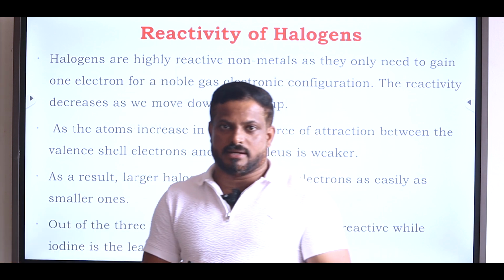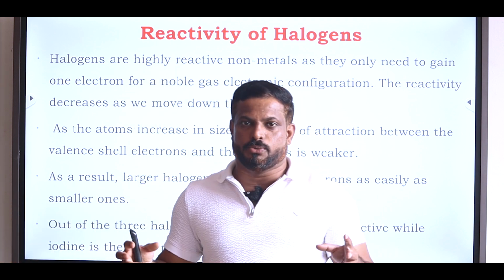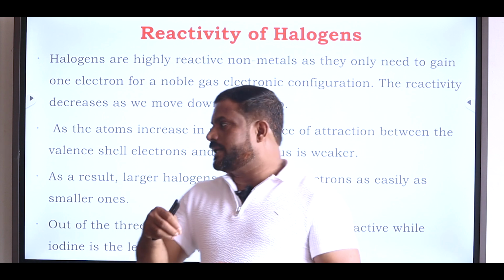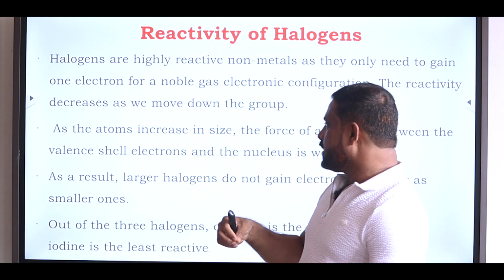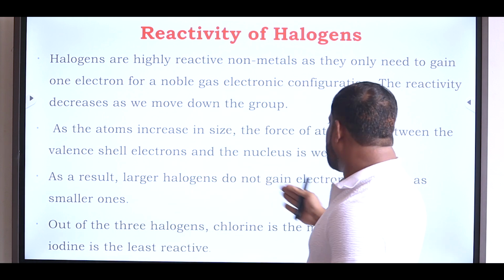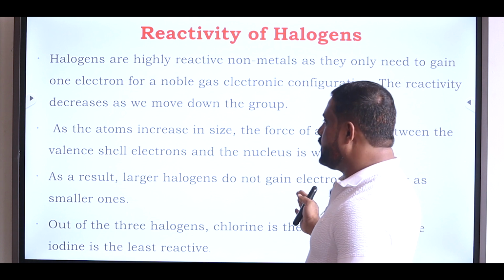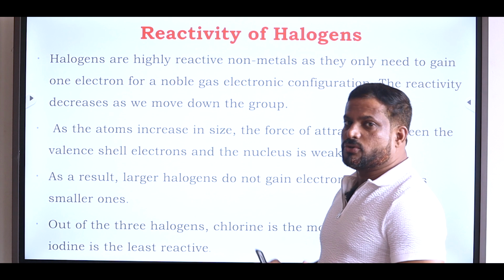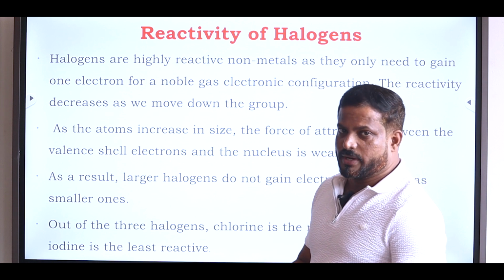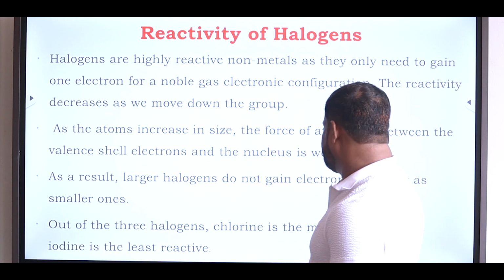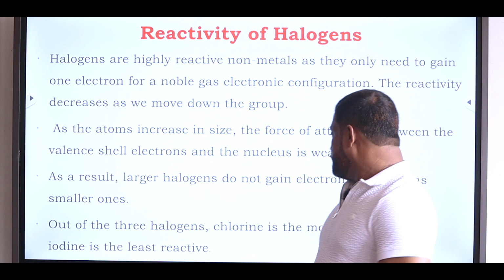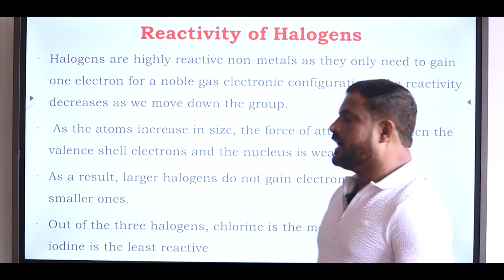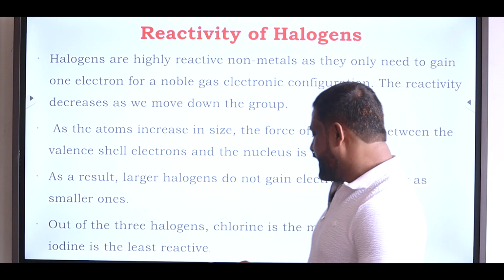Because of that weak force of attraction, it is not easy to accept electrons from other atoms. That's why they are not as easy to gain electrons as the smaller ones like fluorine or chlorine. Chlorine is the most reactive one and iodine is the least reactive one.